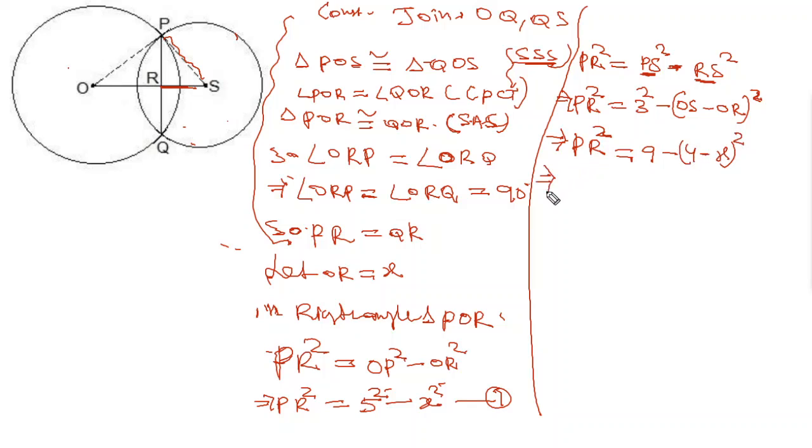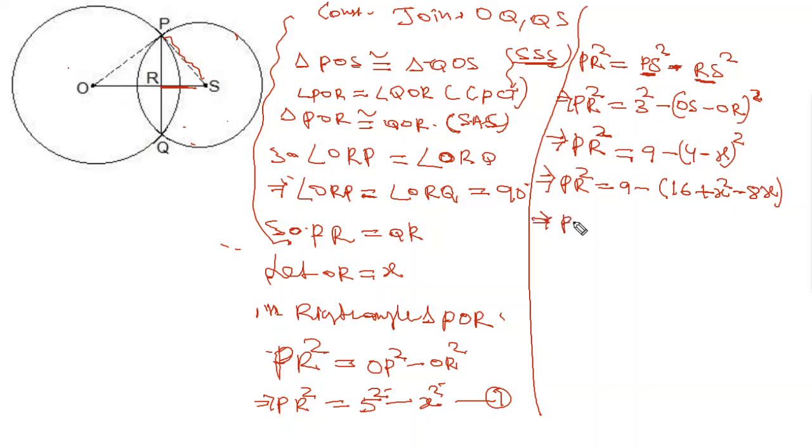Implies PR square is equal to 9 minus, write the formula for A square plus B square minus 2AB, so 16 plus X square minus 8X.